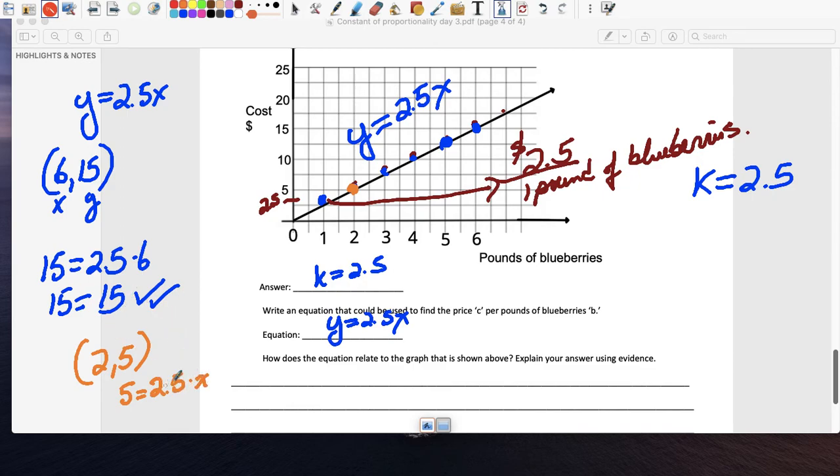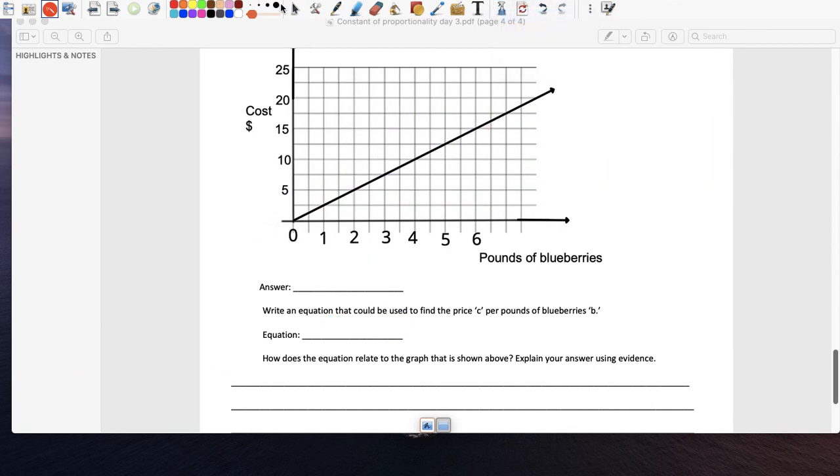So if I multiply 2.5 times 2, will my equation be true? Yes, it is, because 5 does equal 5. So again, I just checked. My equation is definitely the correct equation for this particular line. Okay, that was it.